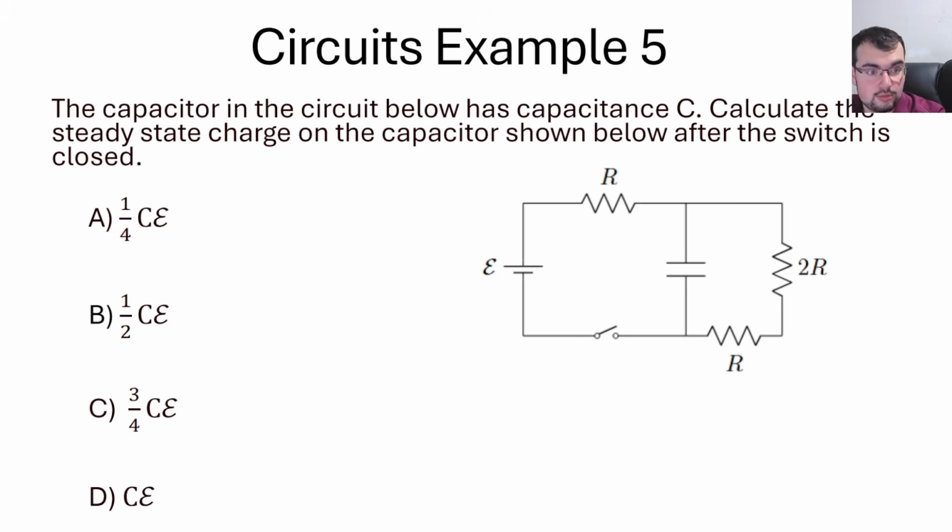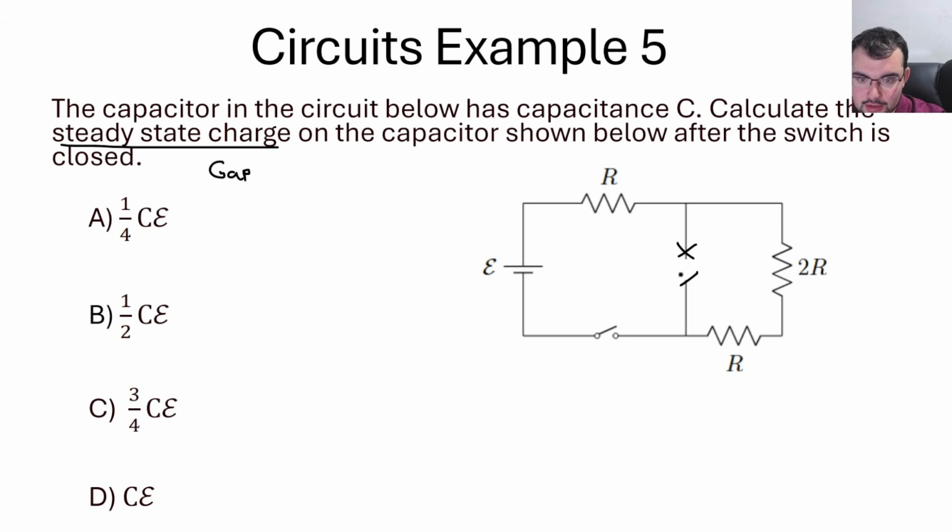All right, we did an R circuit, we did a C circuit, now it's time for an RC circuit. We want to calculate the steady state charge on this capacitor after a long time. Steady state means the capacitor has become a gap because it's fully charged. So I'm going to replace my capacitor with a gap or a hole in the wire.